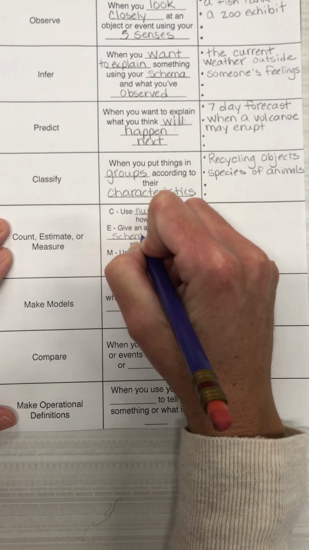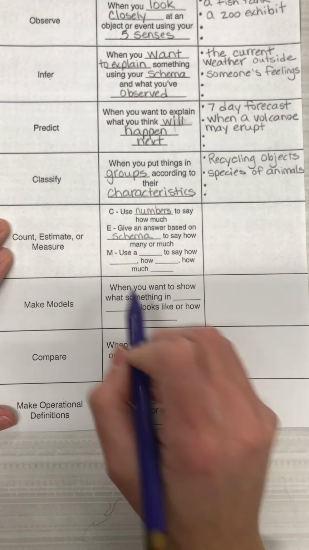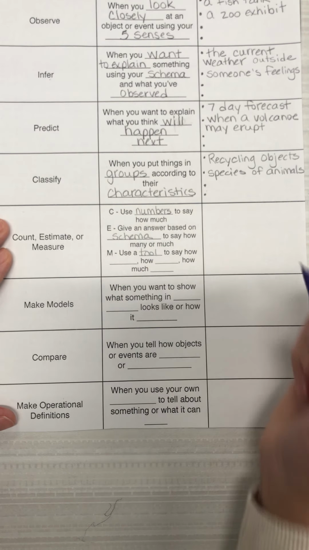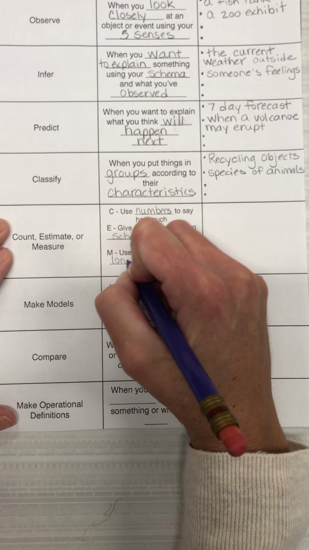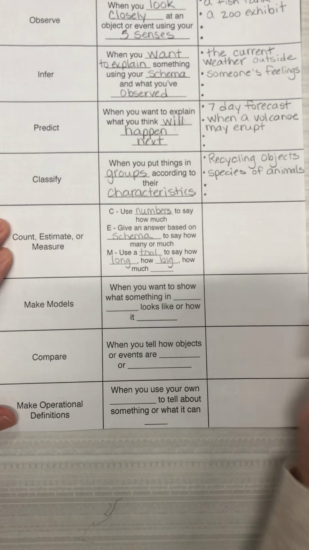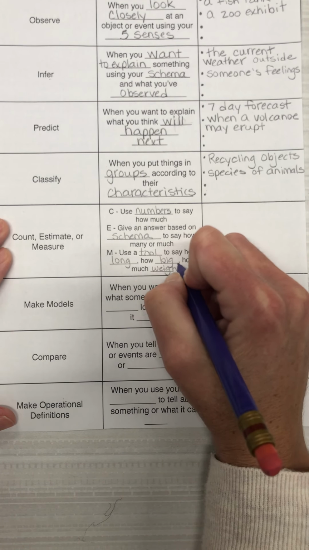That means we can't really count, but we can maybe make a little guess. And when we actually measure, that usually means we're using a tool to say how long, how big, or how much weight something has.